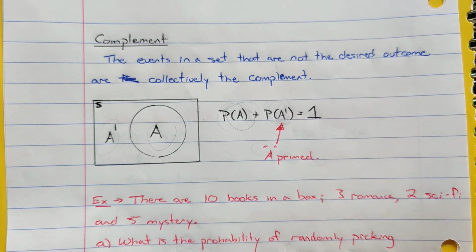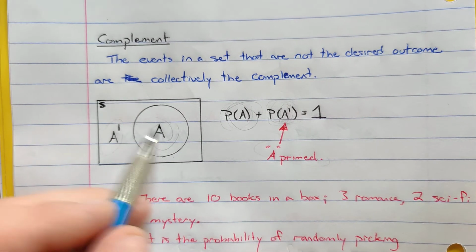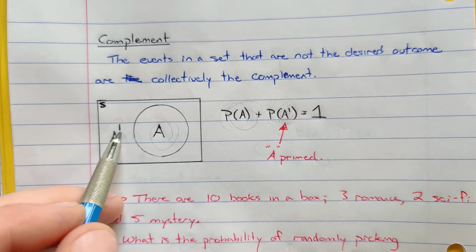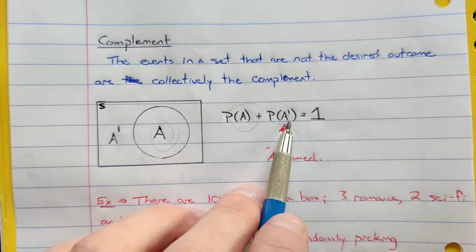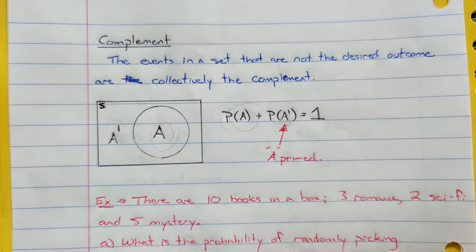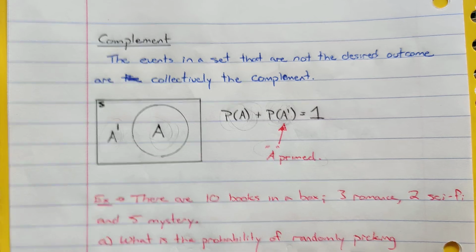It means primed. It's the event not occurring. So our event A is what fits inside the circle, and then the rest of the sample space would be filled with event A prime. Both of those need to add up to 1. These are all the possibilities: the event we want, and then all the events that are not the one we want. So the probability of A plus the probability of A primed is 1.